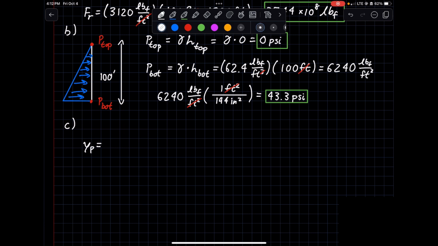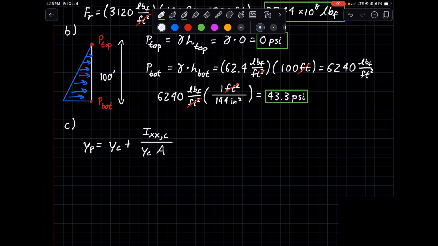Y sub p is what we're looking for, and it is equal to y sub c plus I sub xx comma c, which I believe is our moment of inertia about the centroid. I believe that's actually what it is. We have all that divided by y sub c times our area.